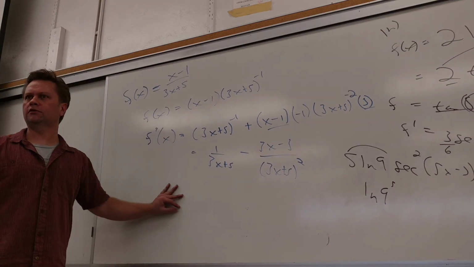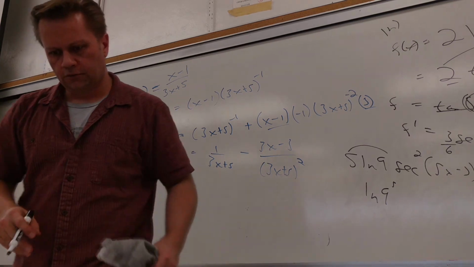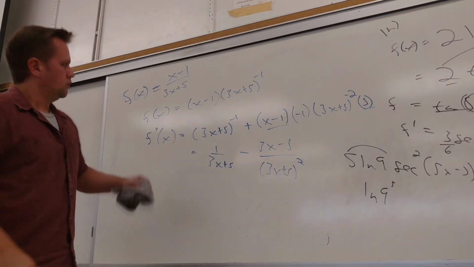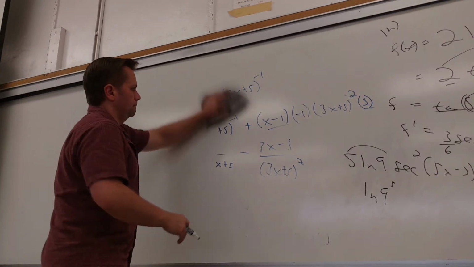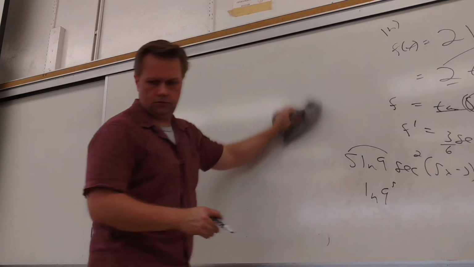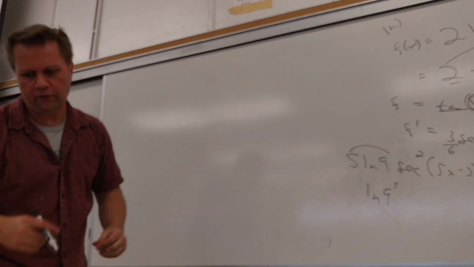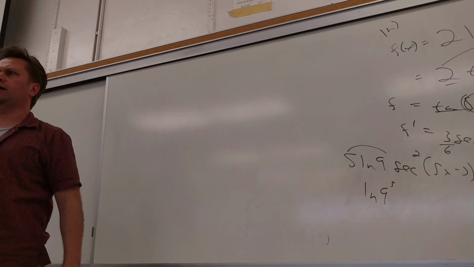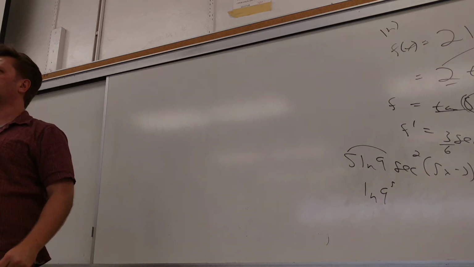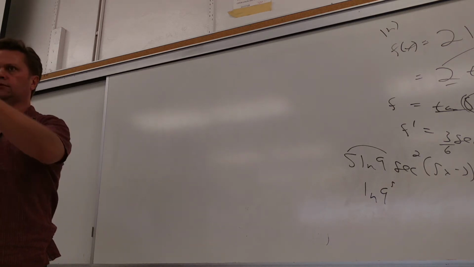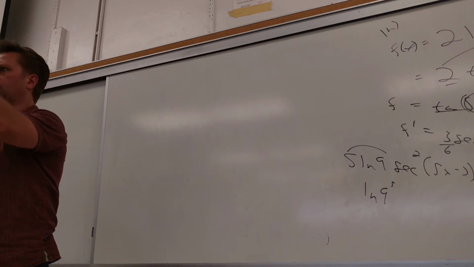Oh, sorry, which one? 2. So on this one, I know I'm eventually going to want to do what? If it says find where the tangent lines are horizontal, I'm eventually going to take the derivative and set it equal to 0.